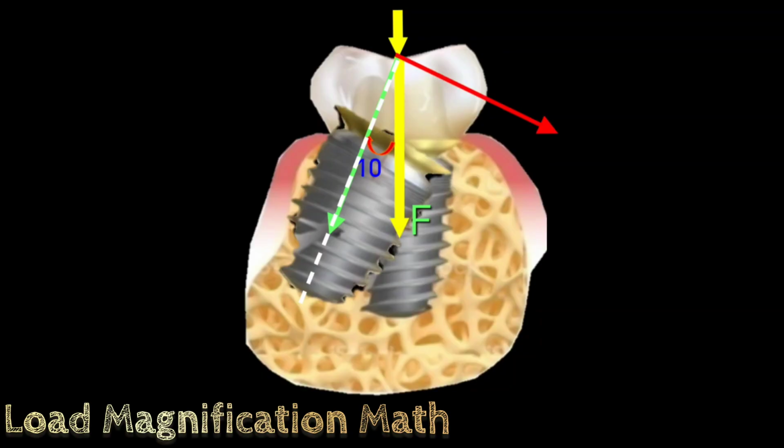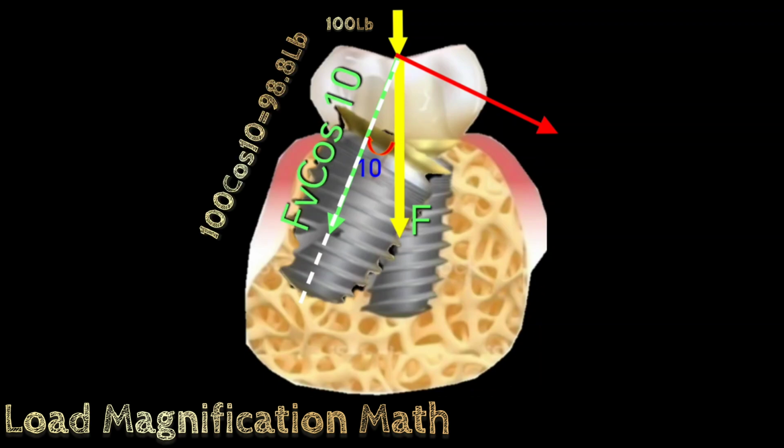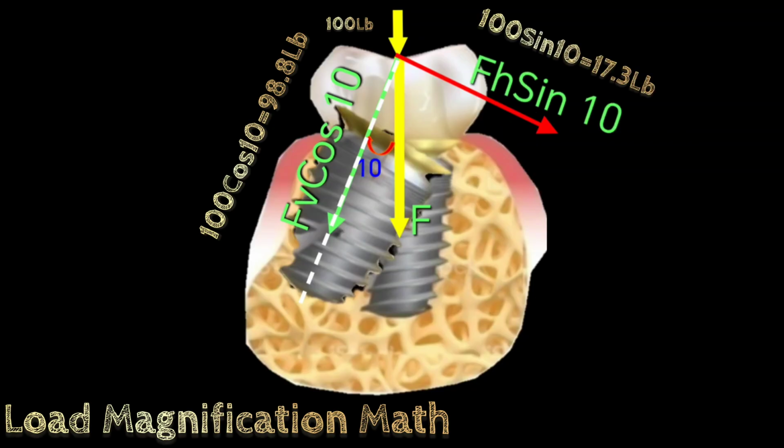A load of 100 pounds acting upon the implant prosthesis can be split into two components, the vertical and horizontal. The vertical component becomes 98.8 pounds, while the horizontal component becomes 17.3 pounds. The total system load increases to 116 pounds.